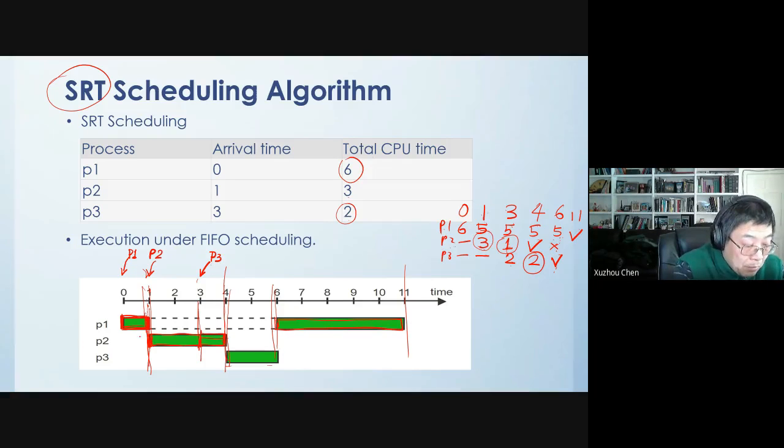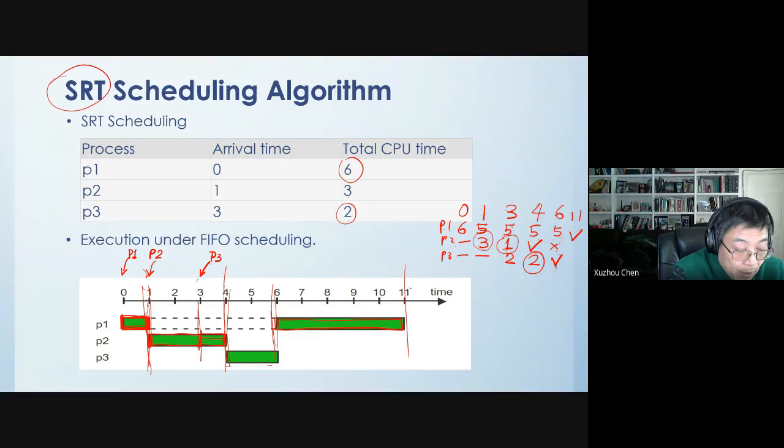If you have very frequent context switching, these context switching times accumulate, you're going to add up some CPU time, and these CPU times are wasted. They don't do any meaningful job. They just save the work to a PCB and load the work from the PCB. So it basically does not do any meaningful job.